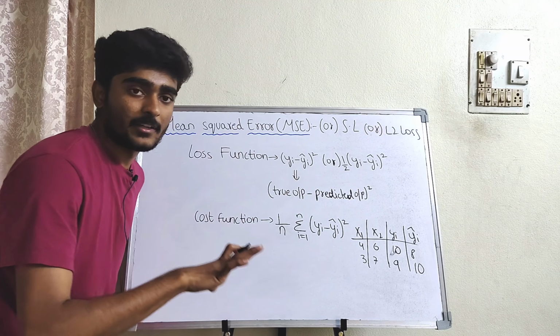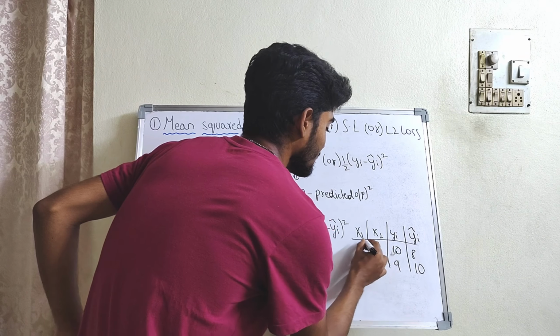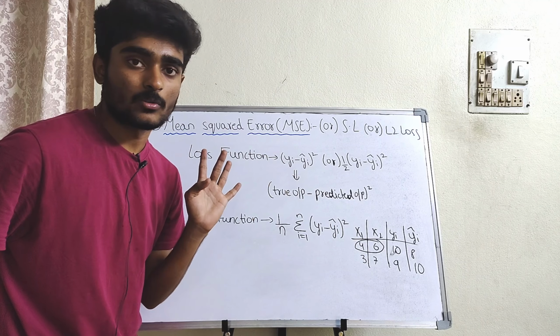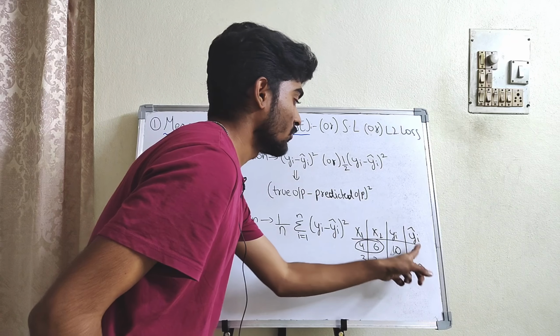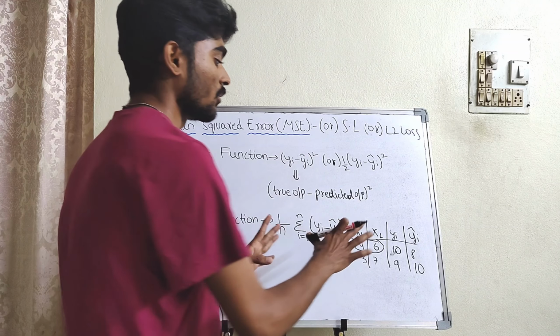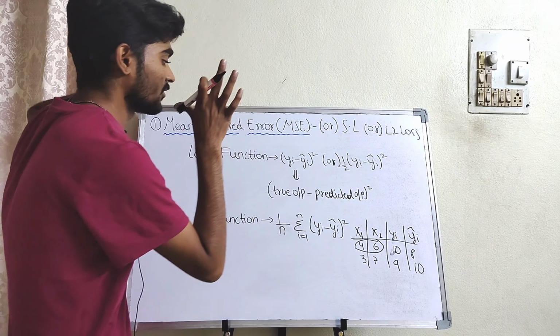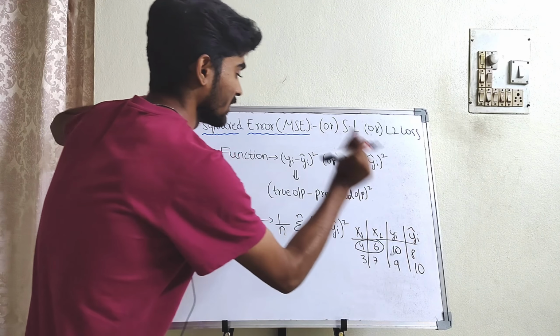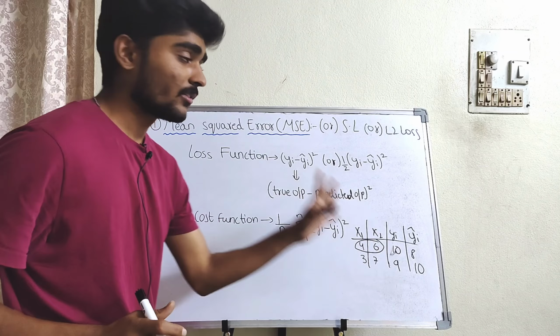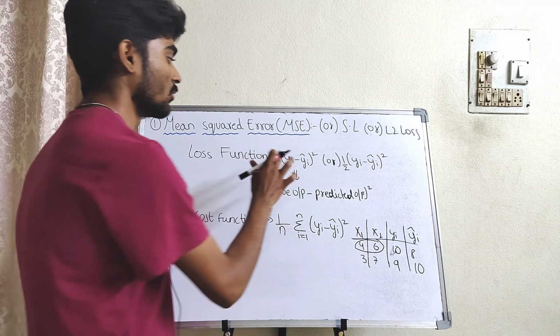Now what happens is, this first training data goes into our model, and yi hat is calculated, and this is our true output. Now we need to calculate the loss for this first training example.